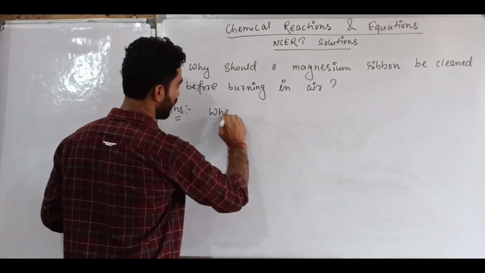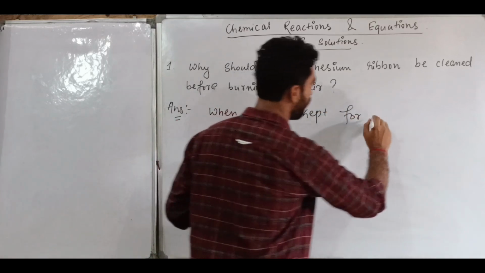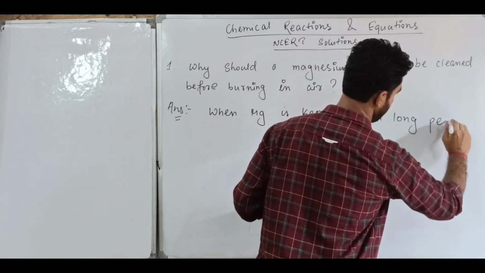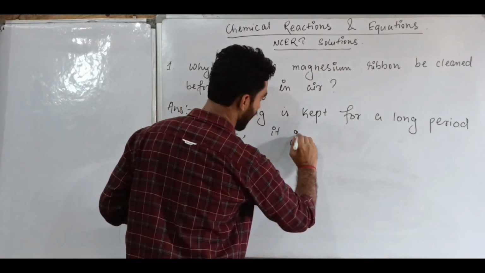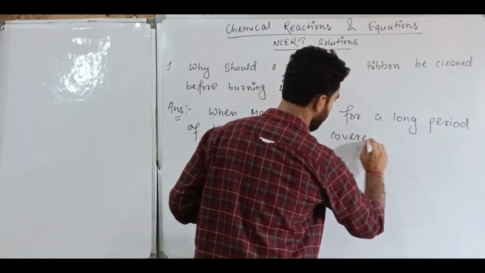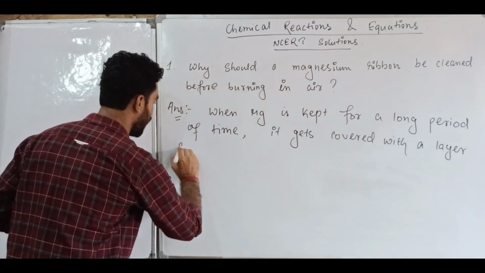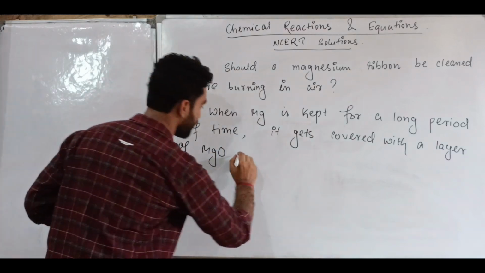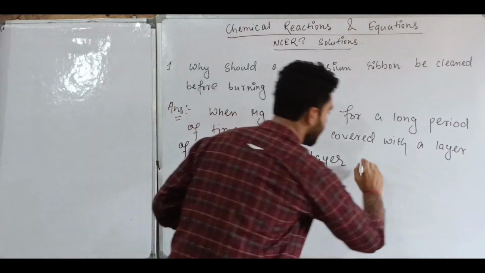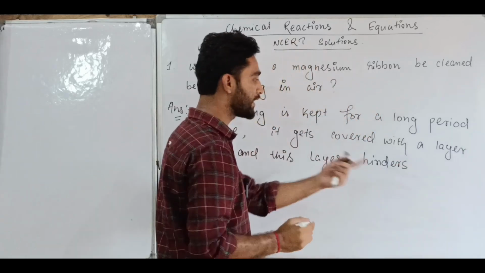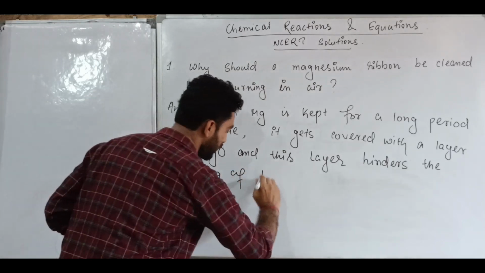So when magnesium is kept for a long period of time, it gets covered with a layer of magnesium oxide, and this layer hinders or restricts the burning of magnesium.